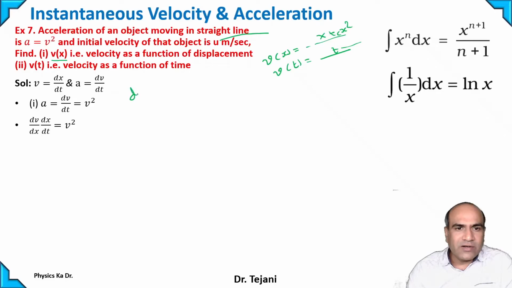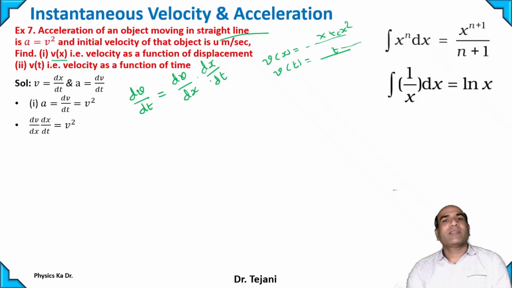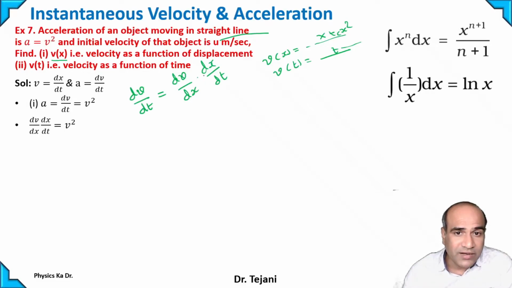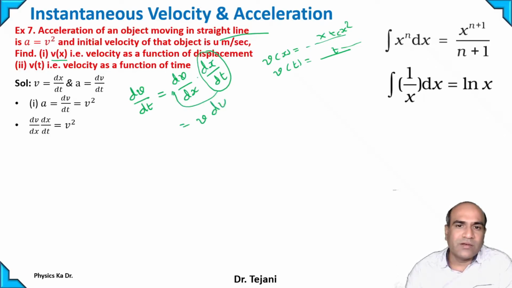So can we write dv by dt as dv divided by dx multiplied by dx divided by dt? Yes, of course. And dx by dt becomes v. So we get v dv by dx.